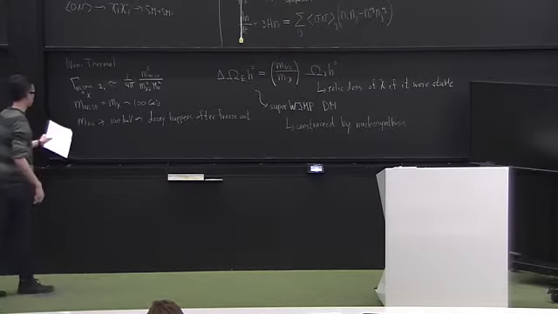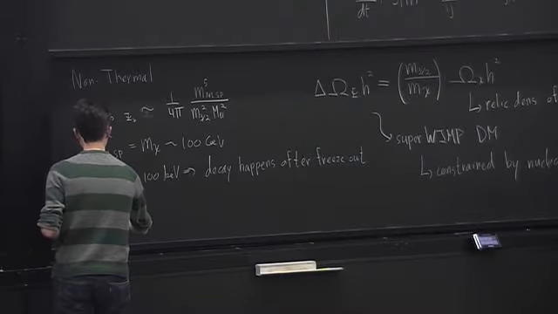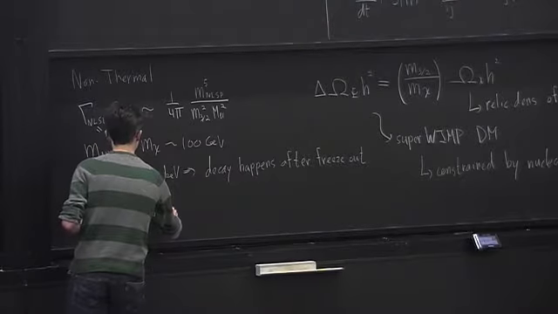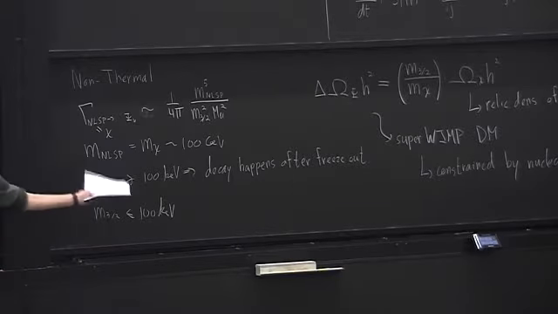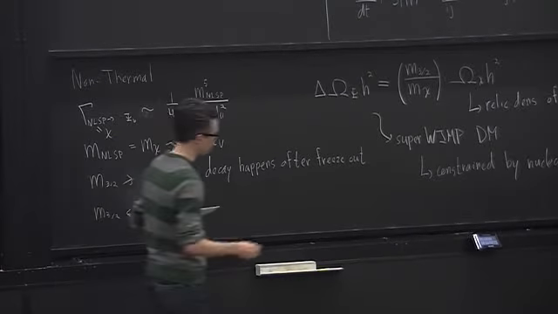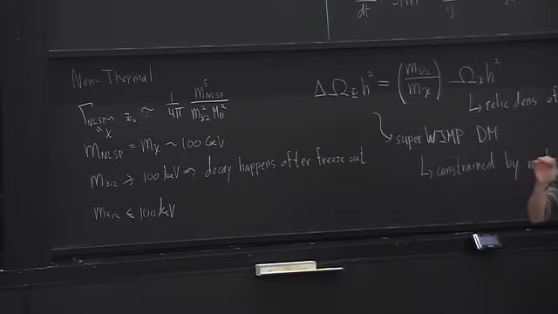Now, there's another case. And the second case is if M_3/2 is less than about 100 keV, the NLSP decays into gravitinos before freeze-out. And it turns out that this decay before freeze-out, because remember, before freeze-out, your density is much larger than the density at freeze-out.